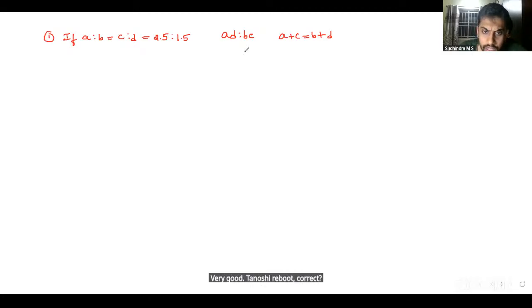Lahari, excellent. Both correct. Bhavani, I think you have to recheck. Jeevan, first one correct answer. Good. Very good, Jeevan. Both correct. No, Rishabh. Recheck.